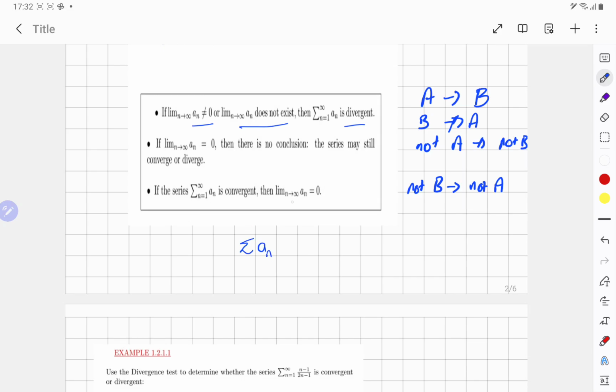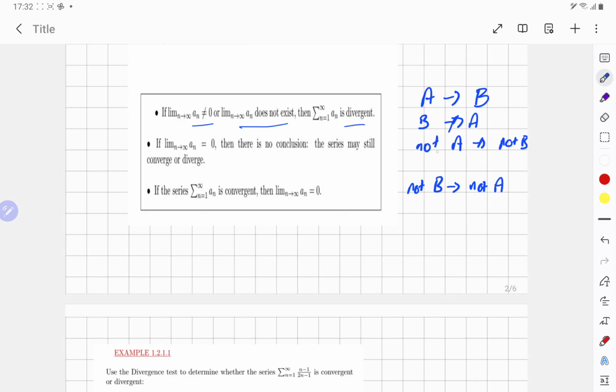It does not say that if my series is divergent, that my limit will not be equal to 0 or will not exist. So you cannot say the converse is true.